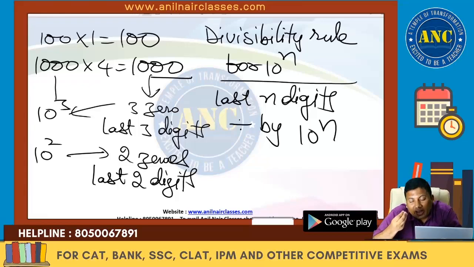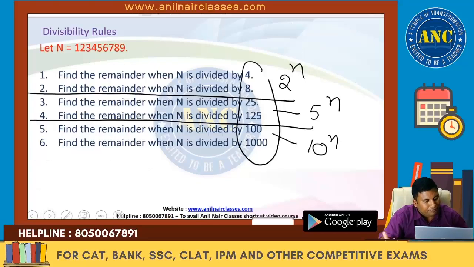If you can get 2 power n and 5 power n, 10 power n is nothing but the product of 2 power n and 5 power n. What we discussed is just finding the concept behind the divisibility rule for 4, 8, 16, 25, 125. When we do problems, it will be much more clear with a numerical value example. Now see here. Question.